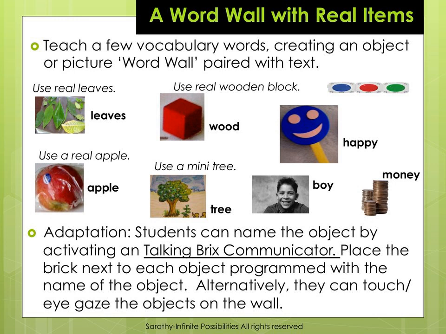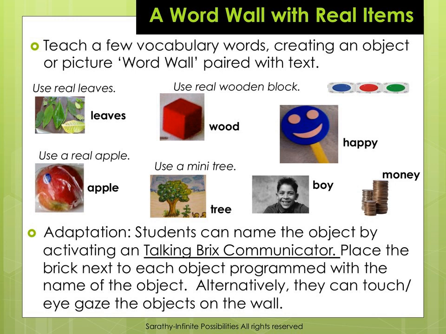As they name the object, they can use a talking bricks communicator. The talking bricks communicator that you see at the upper right-hand corner, these bricks, you can separate them. They are available from AbleNet. They can be separated, and you can program one vocabulary word.